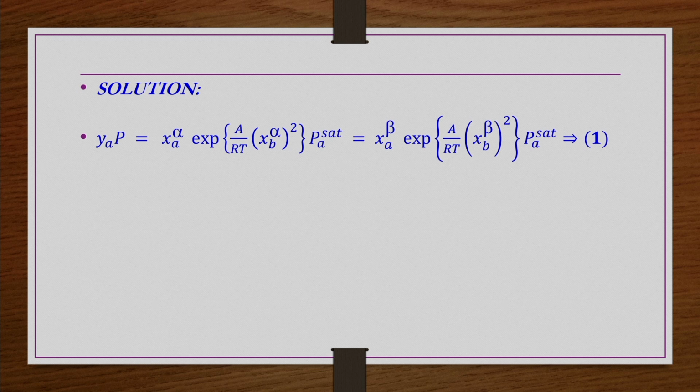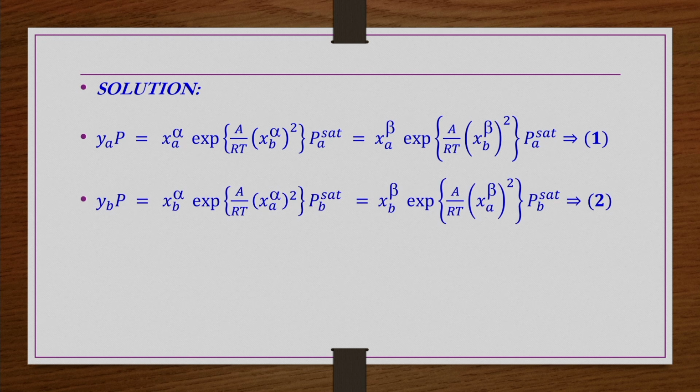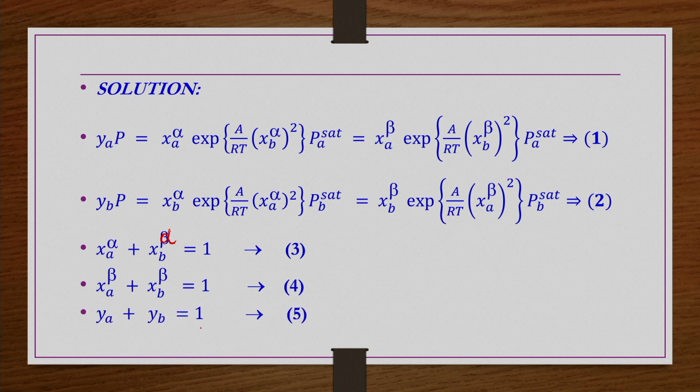For component A and component B, we have these relations. For the liquid alpha phase, XA alpha plus XB alpha should be 1, for the liquid beta phase, XA beta plus XB beta should be 1, and for the vapor phase, YA plus YB should be 1. These are the relations.